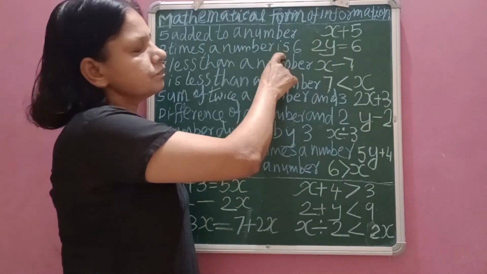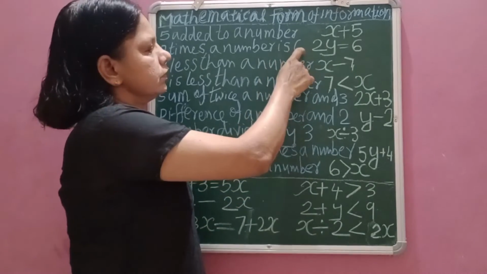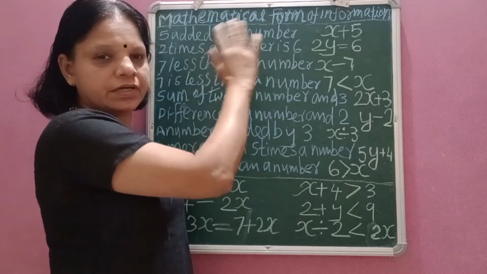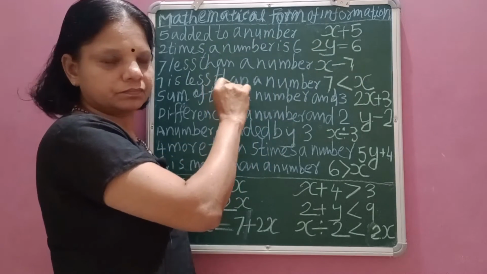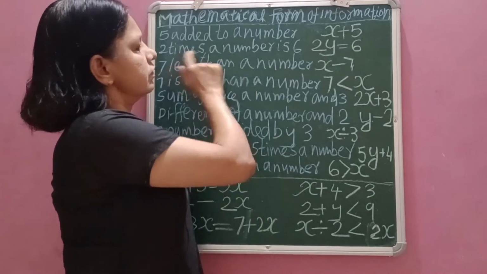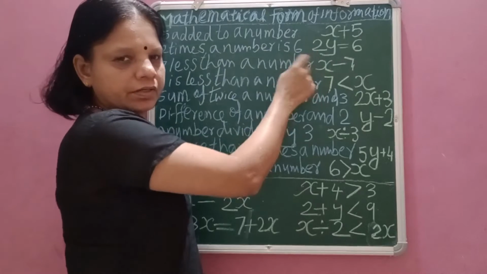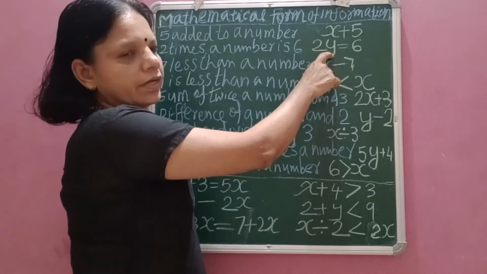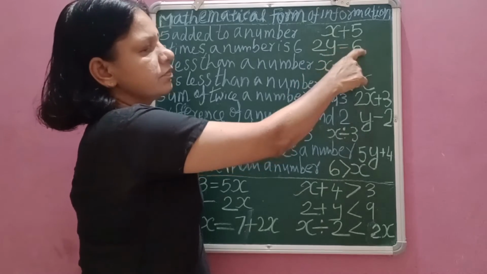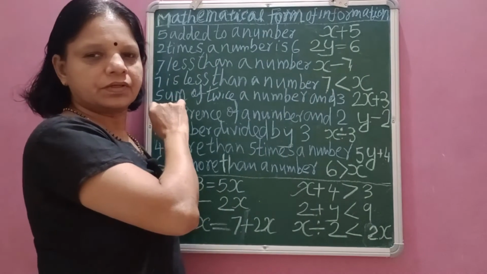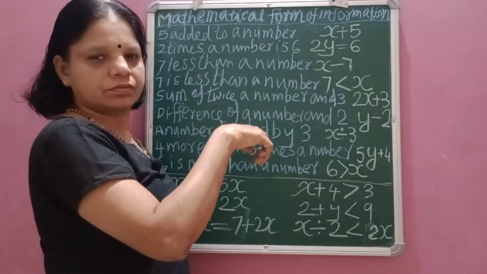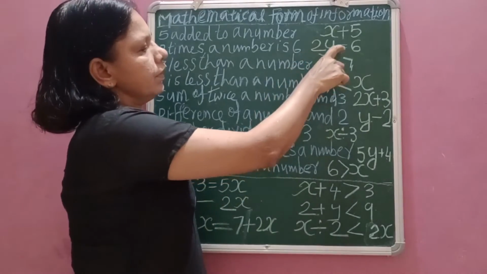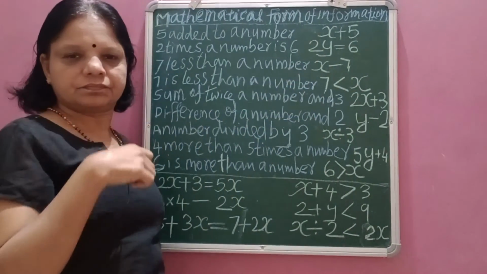Is what? 6. So we got LHS and RHS. Before is LHS, after is RHS. So 2 times a number is 6 becomes an equation. So 2y equal to 6.